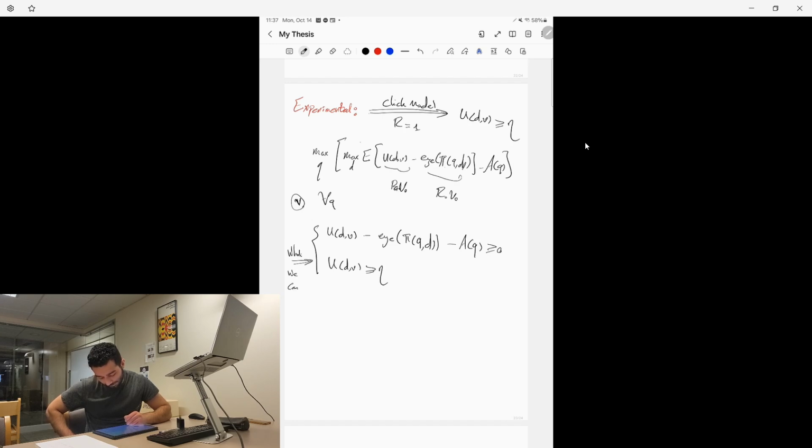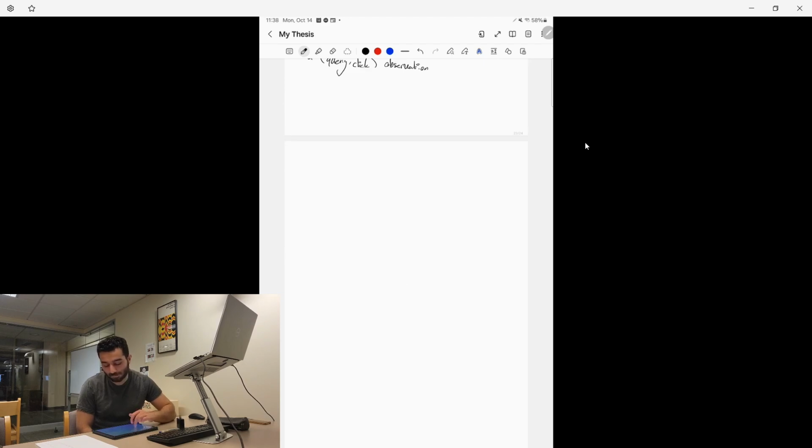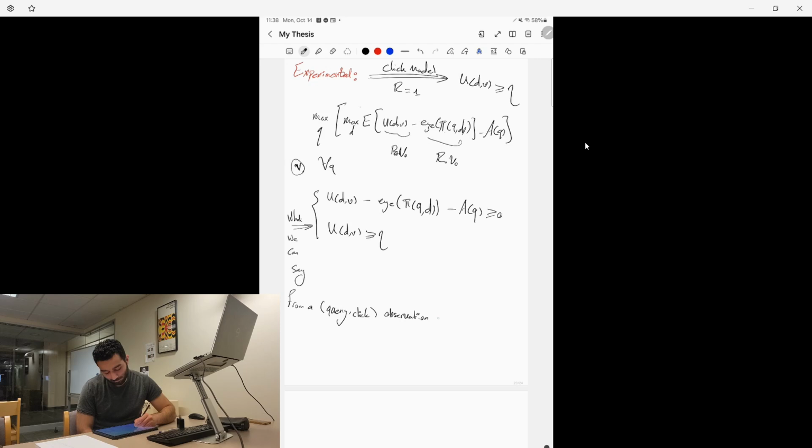What we can say from a query click, if that's it, is the observation. I think that's what we really want to focus on: what a click tells us, and how we interpret it from the data set.